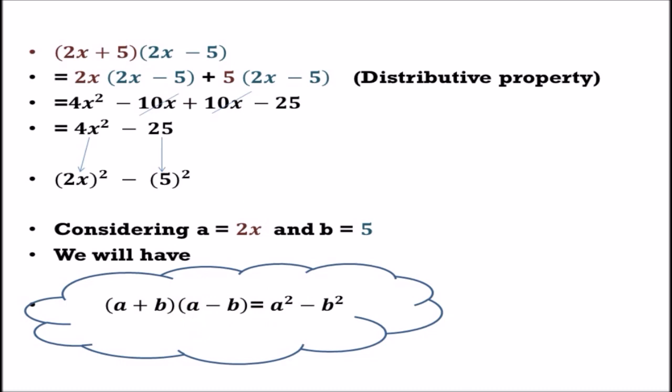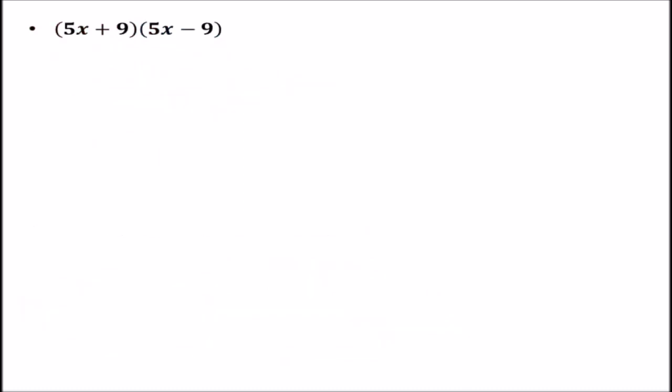Now, since we have verified the identity, let us apply it to find the product of algebraic expressions of this form. The first question is (5x plus 9) into (5x minus 9). Considering 5x as a and 9 as b, we can use the identity (a plus b) into (a minus b) equals a square minus b square. A over here is 5x, so (5x) whole square minus 9 square.